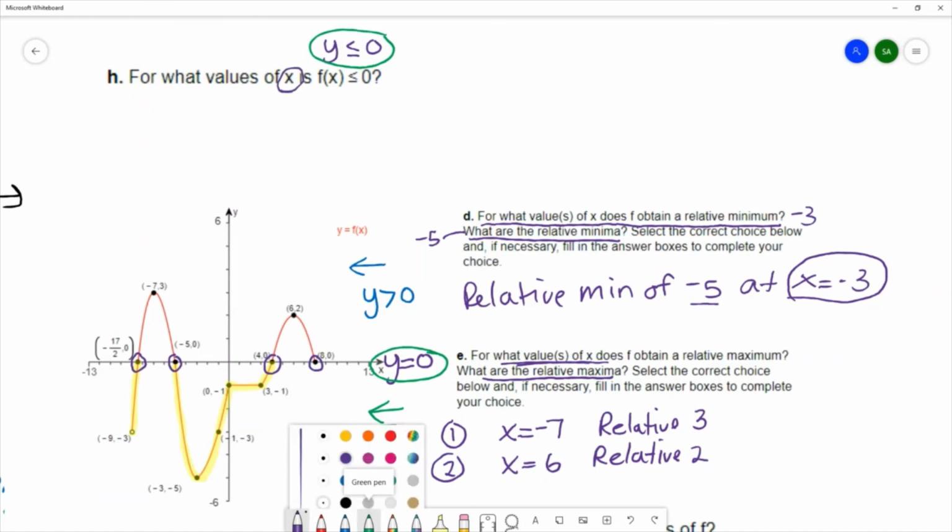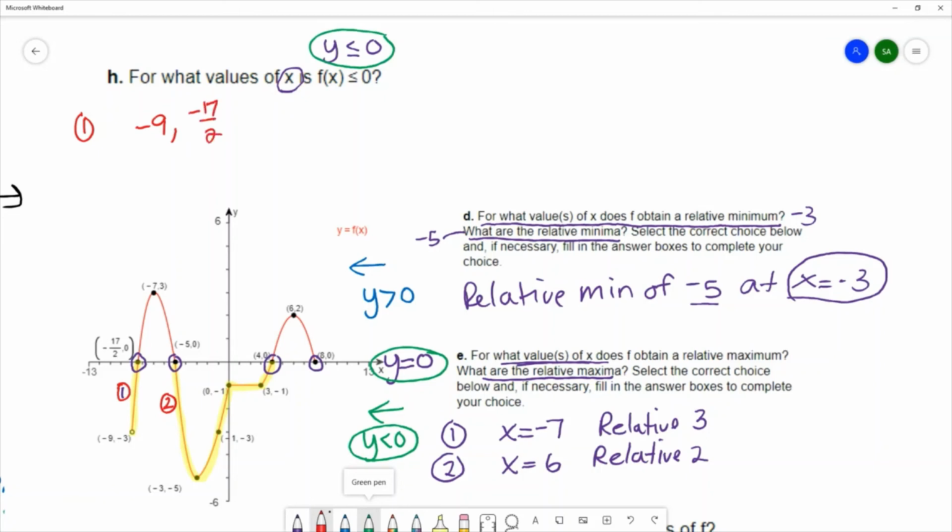So I'm going to label these as 1, 2. So interval 1 would start at -9 and continue until -17/2.